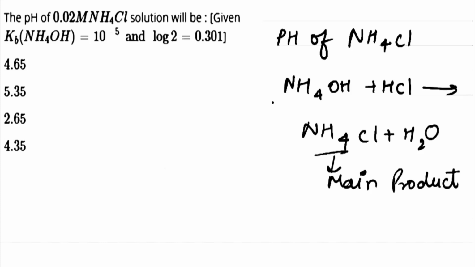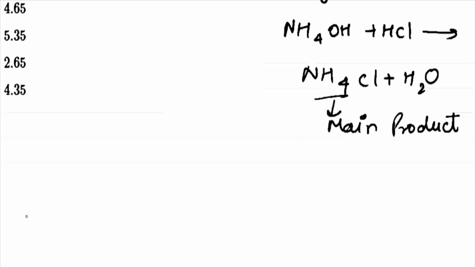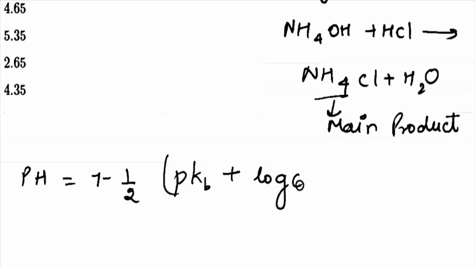Actually, we have a formula to find pH: pH is 7 minus 1 by 2 pKb plus log C. Here C denotes the concentration, or we can say C denotes the molarity.